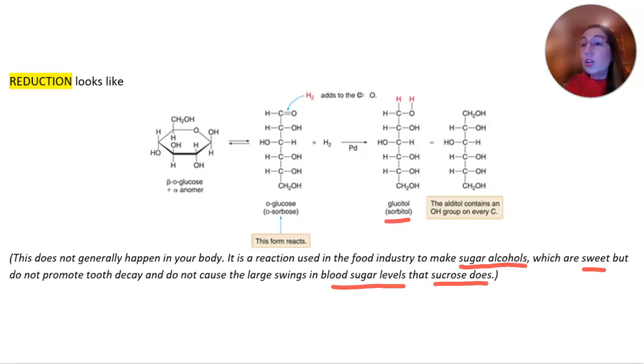So how are these sugar alcohols actually produced? Well, let's look at this reduction. Here we have a beta D-glucose, and it's in its ring form. So we've got our six-membered ring where oxygen is taking up one of the places in the ring in place of a carbon.